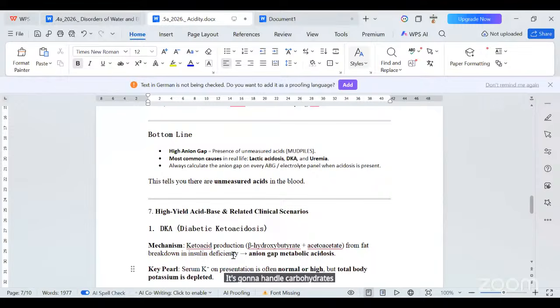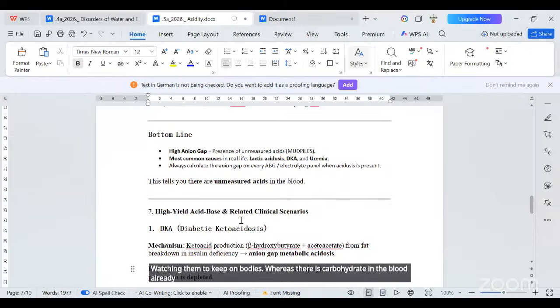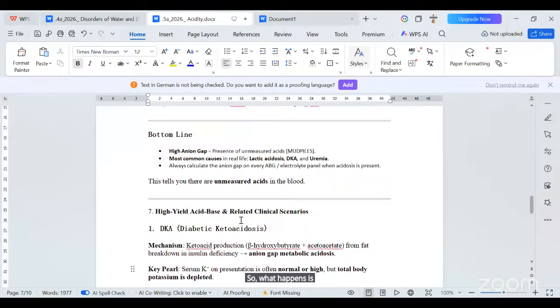And so what happens is it begins to break down its fat stores, converting them to ketone bodies, whereas there's carbohydrate in the blood already. So once the levels of ketone rise, it results in diabetic ketoacidosis.